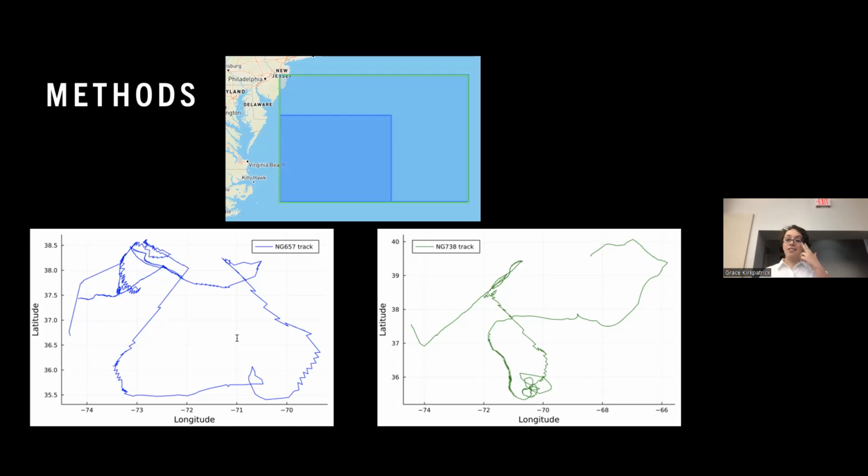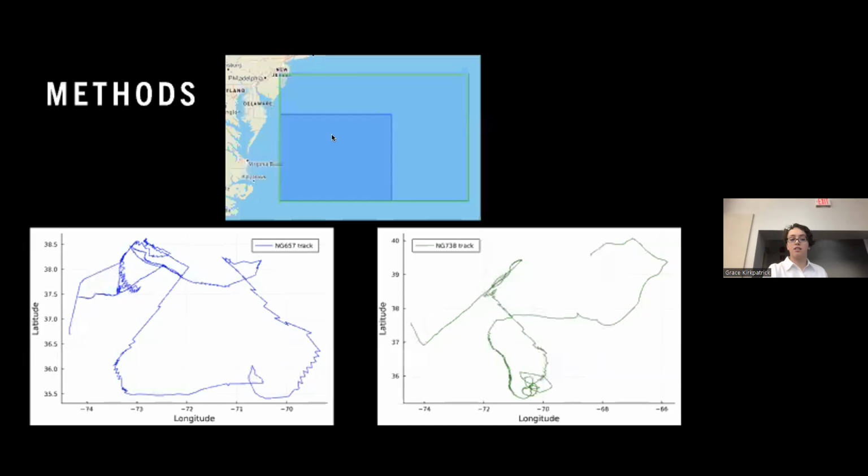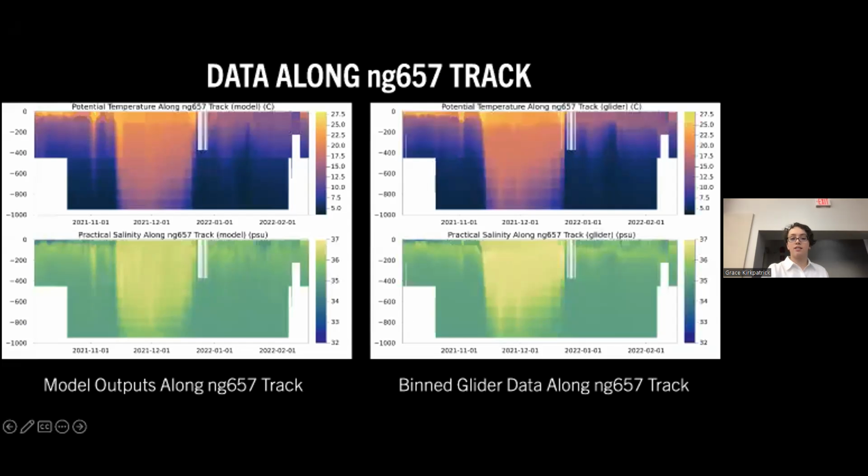And a glider moves with the currents, so it can take multiple measurements within the spatial and temporal boundaries of a single model output grid, sometimes up to over 10. So to achieve a glider output grid that had the same resolution as the model output grid, I had to bin all of the glider data by the temporal and spatial boundaries of the model box they were taken in, and then average those binned data and use them to create these transects.